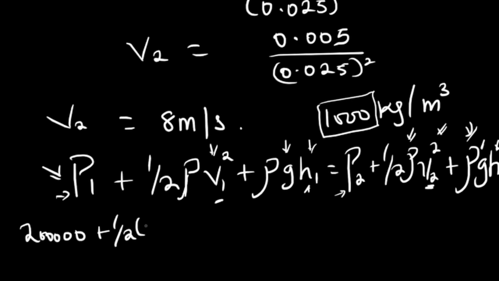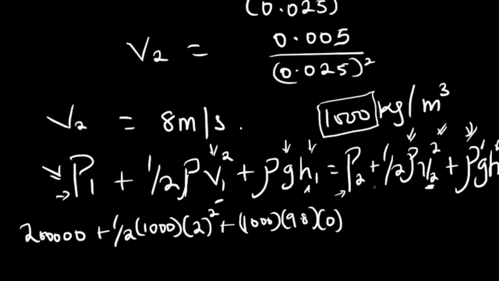Our density is 1000, multiplied by our first velocity, which is 2, all squared, plus our density is also 1000 multiplied by acceleration due to gravity, which is 9.8, and then our first height is 0.